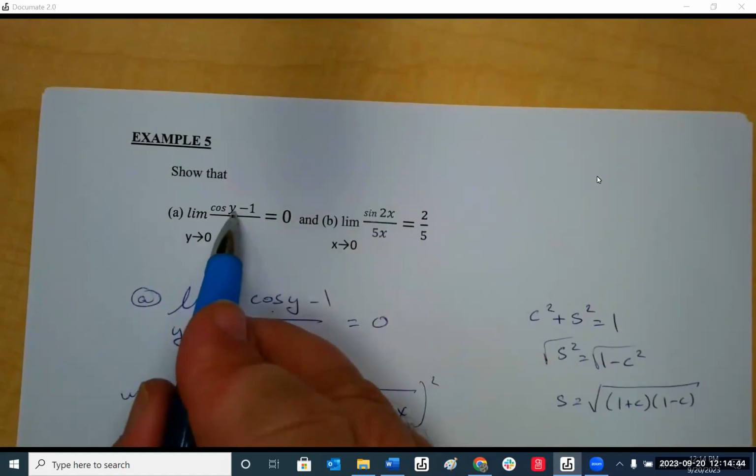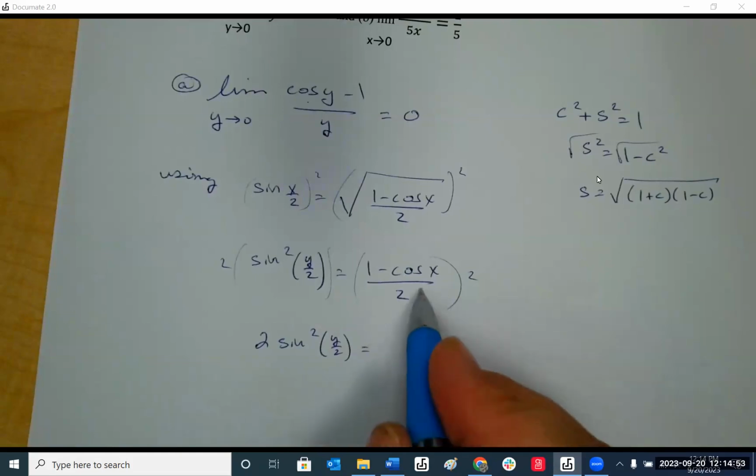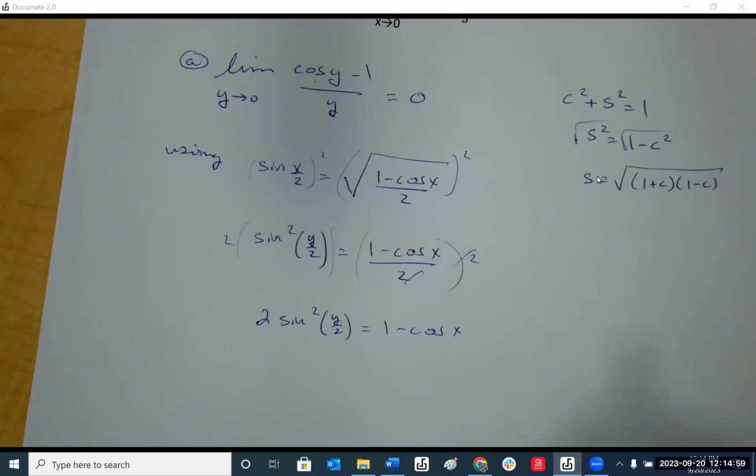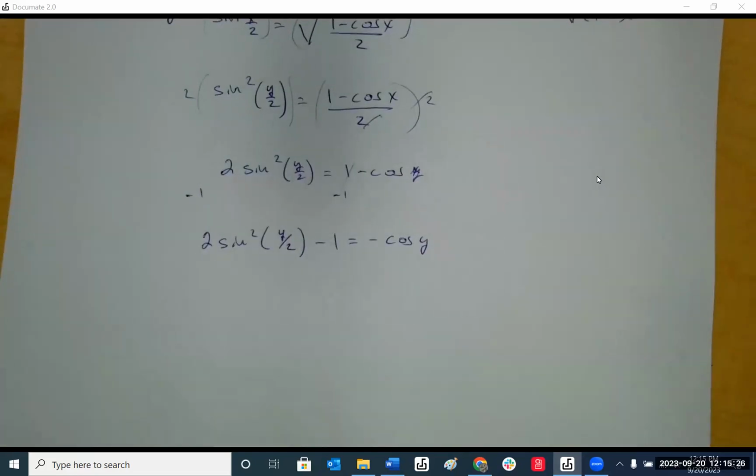Because that's where we're using y as our angle. Minus cosine y. Subtract 1. So it's 2 sine squared y over 2 minus 1 equals negative cosine y. And change the sign.